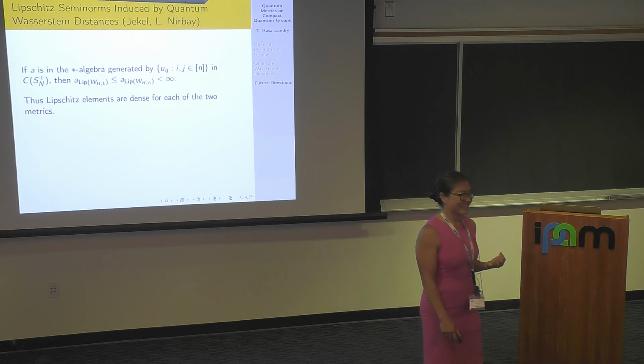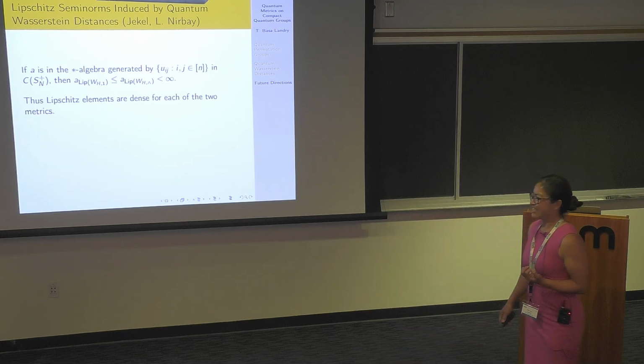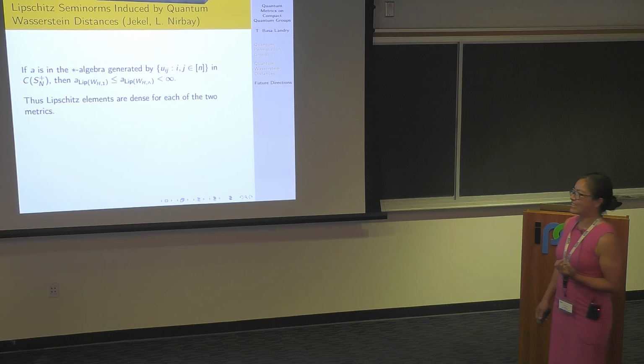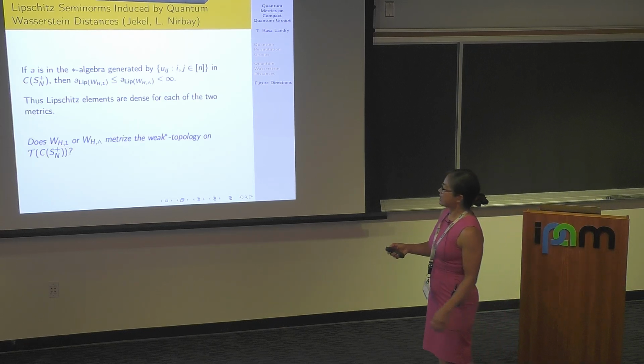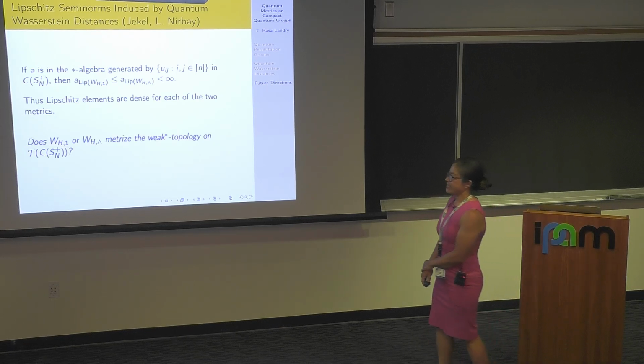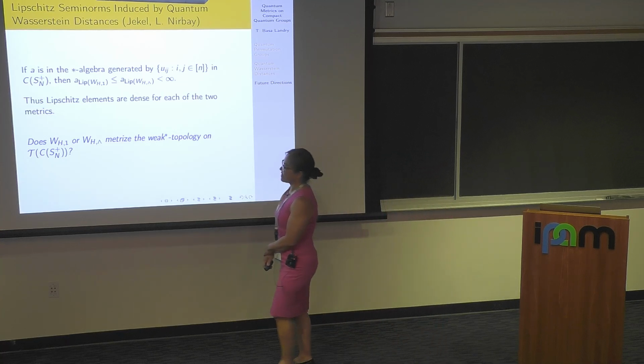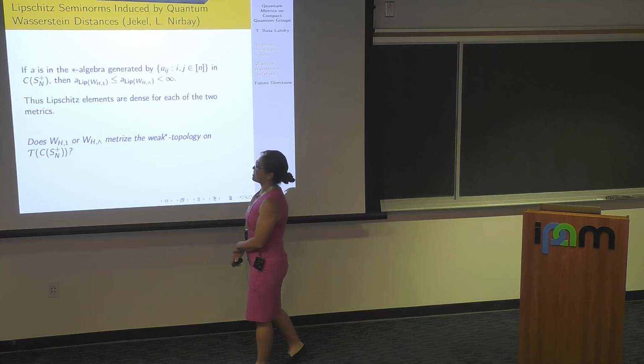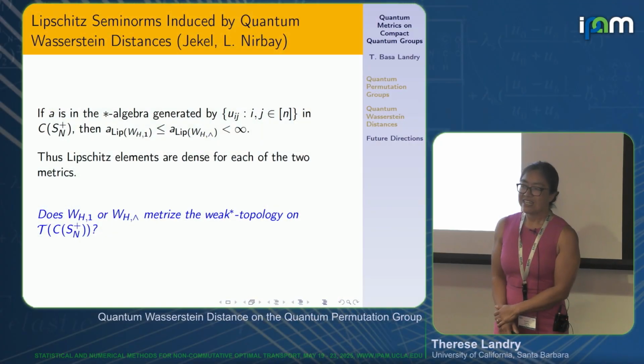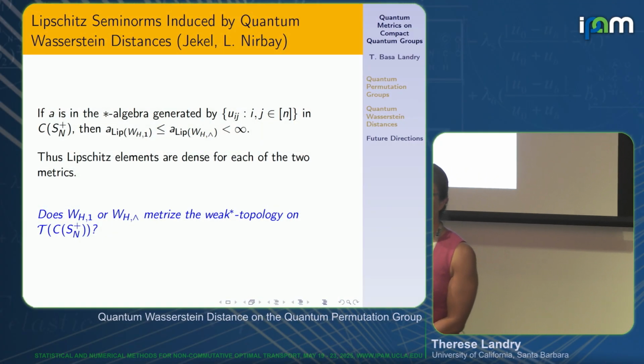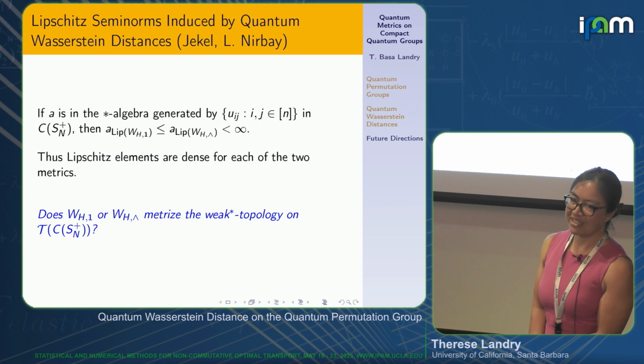So we have a good first step in that direction. And so what we would next need to verify is, does this metrize the weak star topology or not? And for here, I'll say on the trace space rather than on the state space.